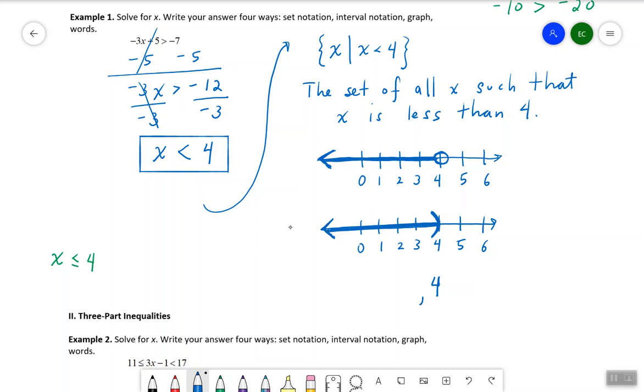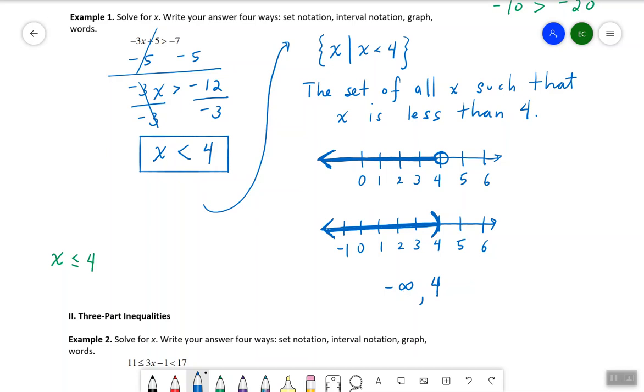What number is here at the left end of the interval? It's past -1 and past -2 and so on forever. So this arrow says that we're going all the way to -infinity. And so -infinity is at the left end of the interval. 4 is at the right end of the interval.